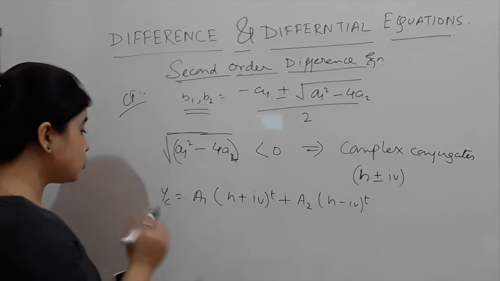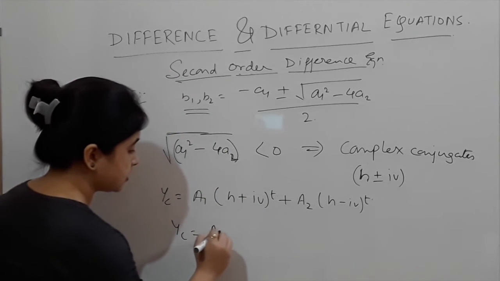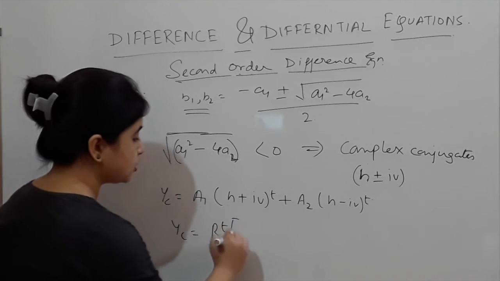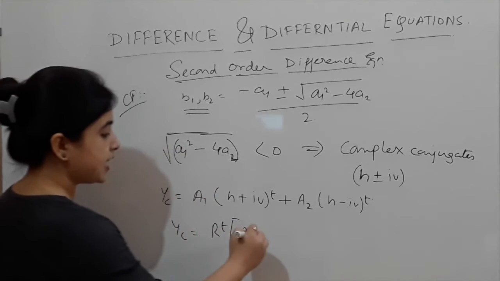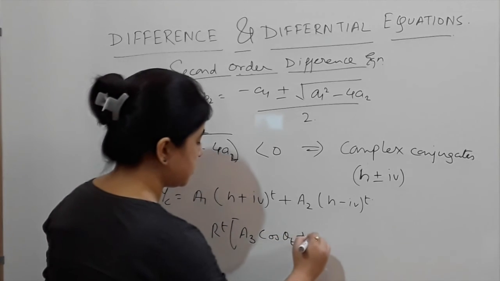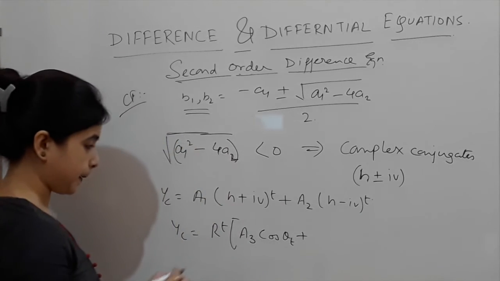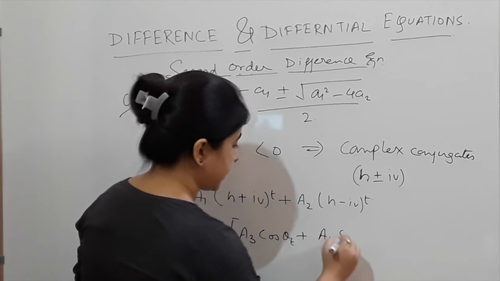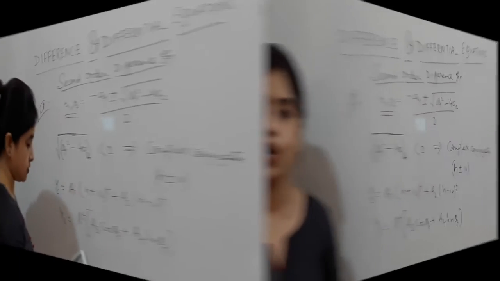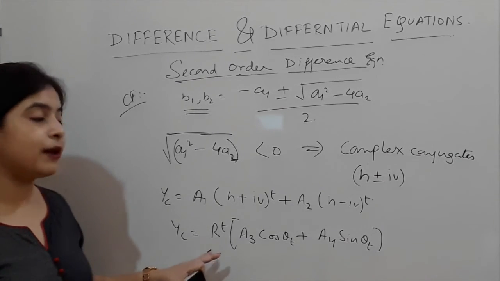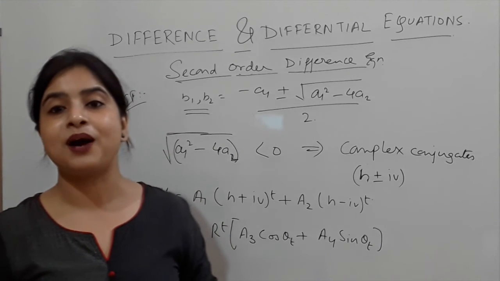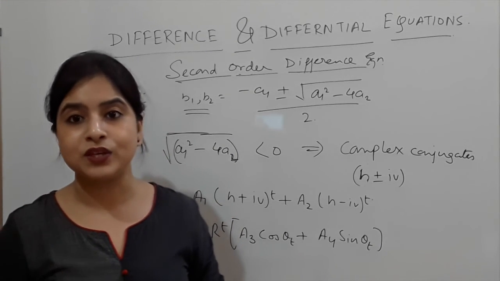The one that we use looks somewhat like this: R to the power t into (a3 cos θt plus a4 sin θt). This is the format that we generally use in order to comment on the time path scenario of the given equation.